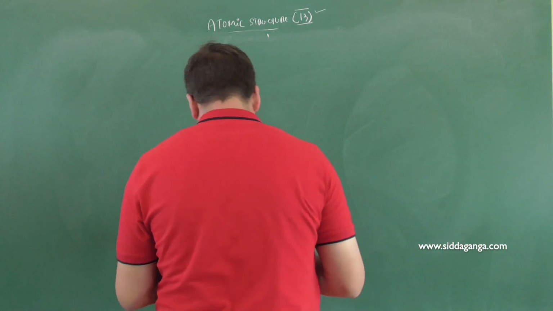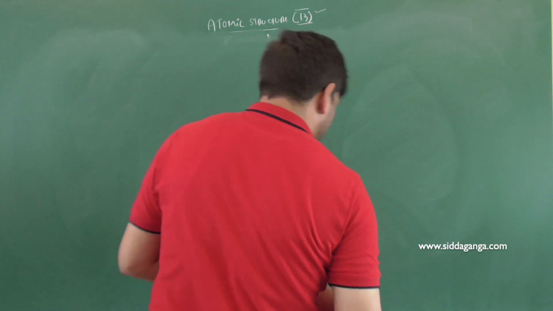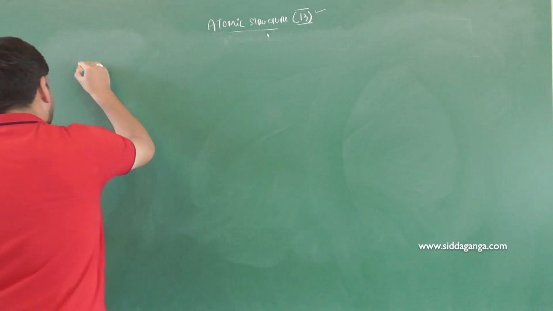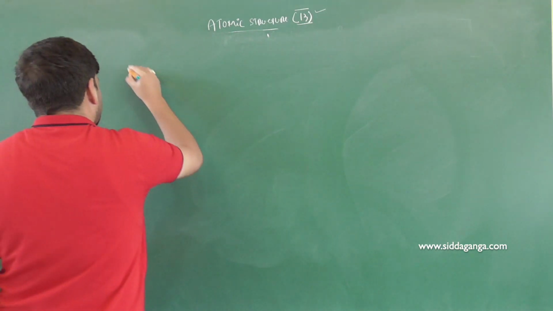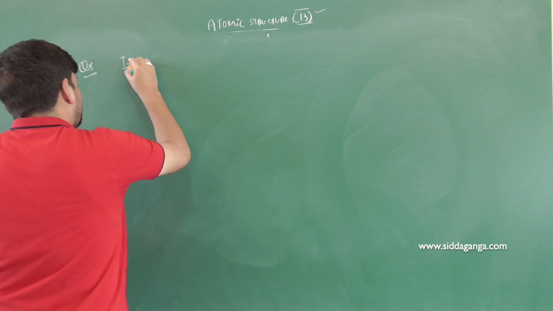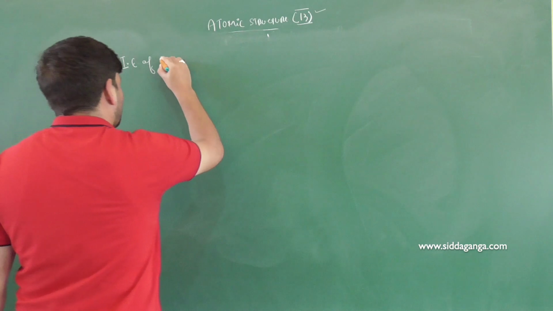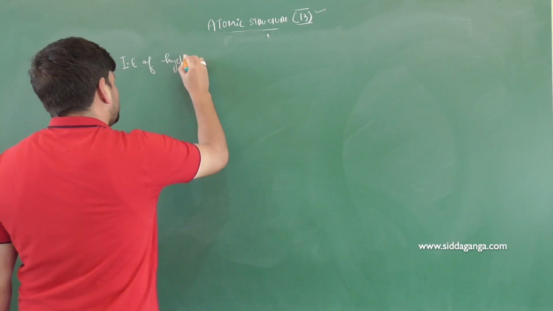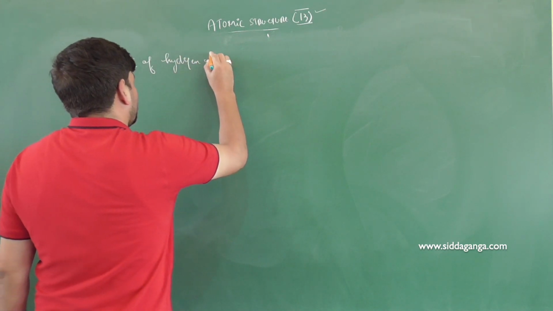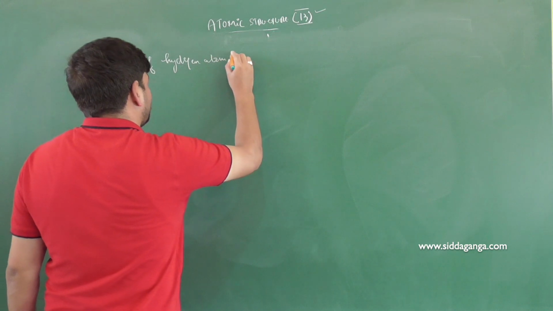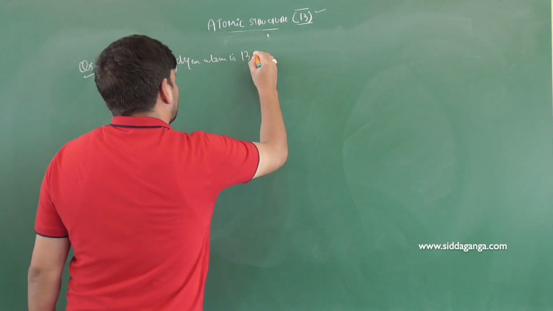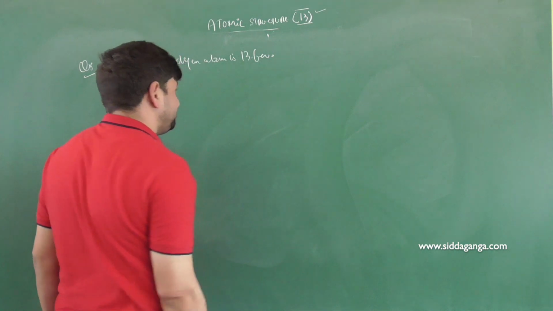Question number 5. Ionization energy of a hydrogen atom is 13.6 electron volts.